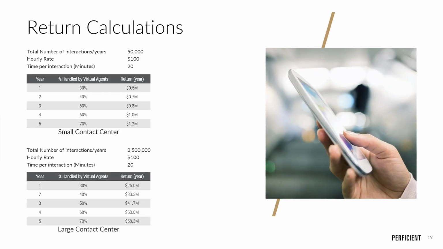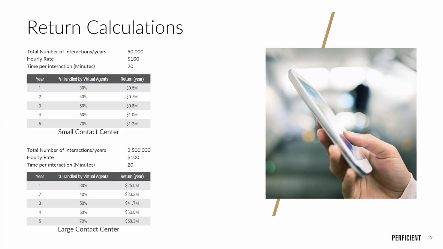So when you think about the number of interactions per year, and the cost of a resource picking up the phone or answering chat, you can easily look at how much that virtual assistant is able to deflect in terms of call or interaction volumes in general, and quickly measure that return year over year.